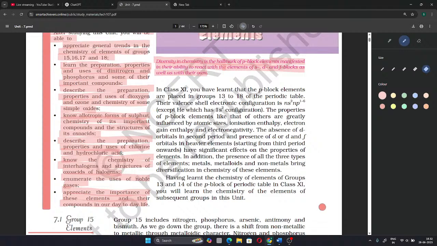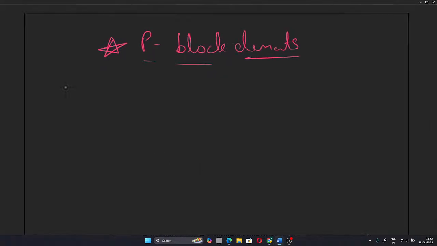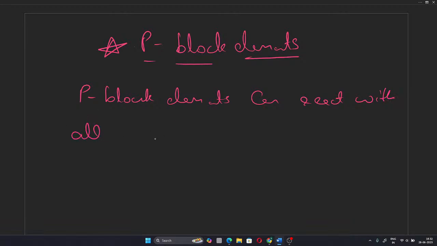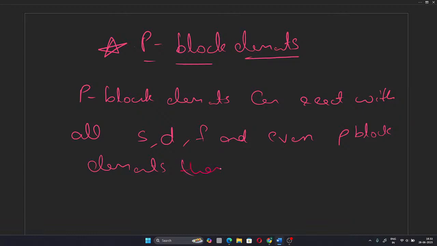The P block elements can react with all S, D, F and even P block elements themselves. This is their ability.